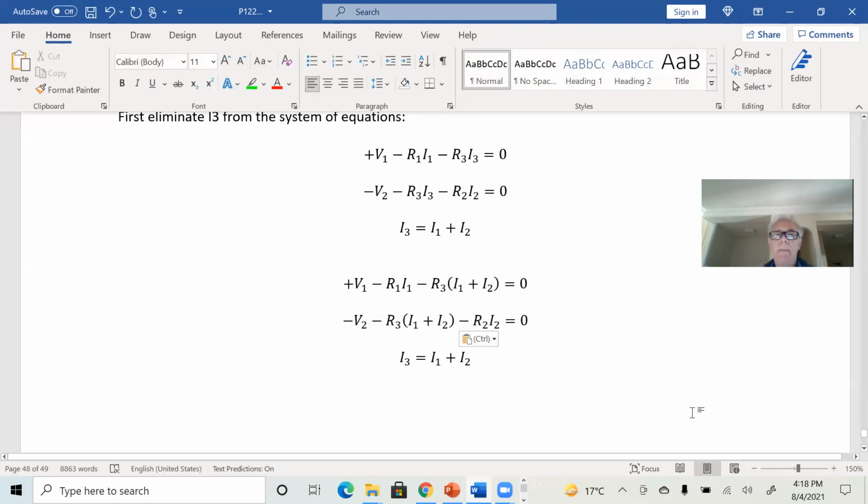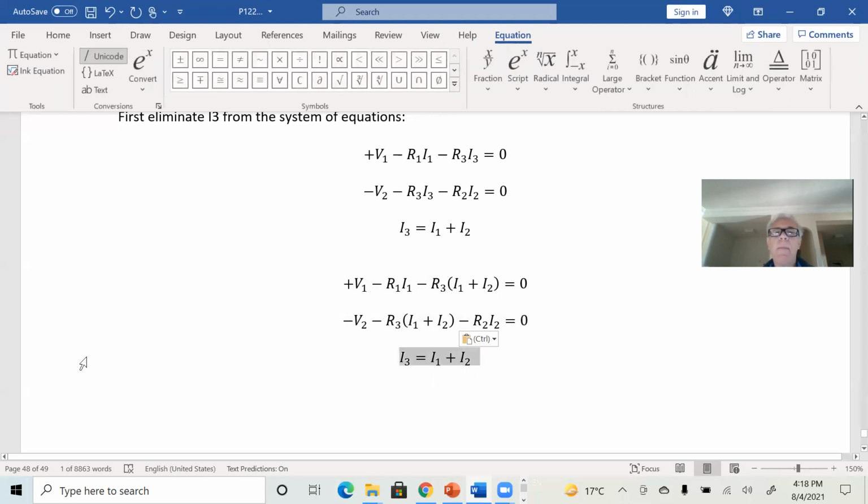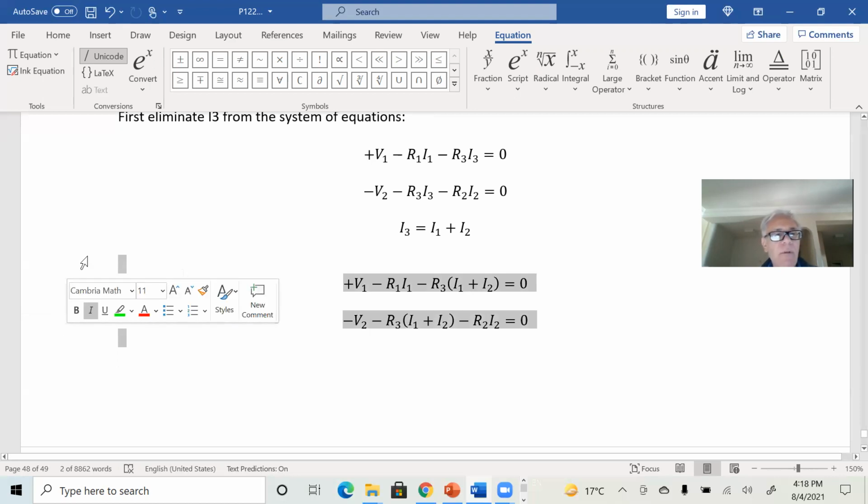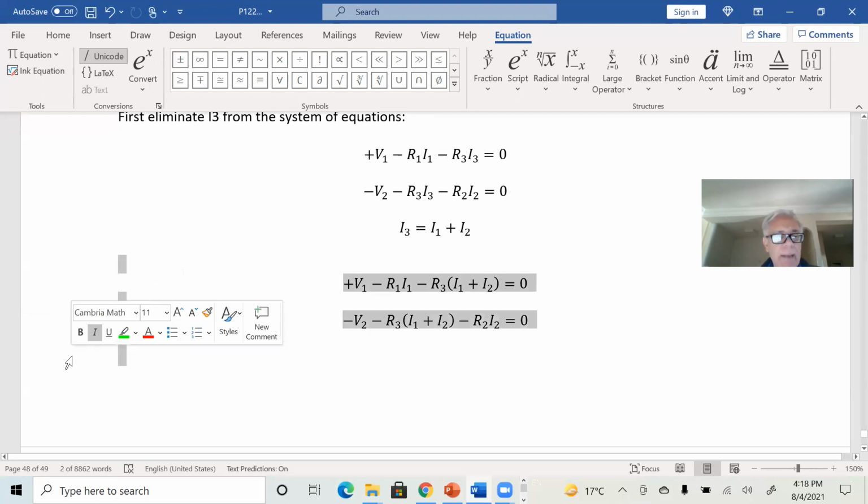Okay, I don't need that equation anymore, so I can eliminate that. Now we have 2 unknowns, I1, I2, for 2 equations. Okay, so let's see what we can do here to continue solving our problem. Let's eliminate I2.